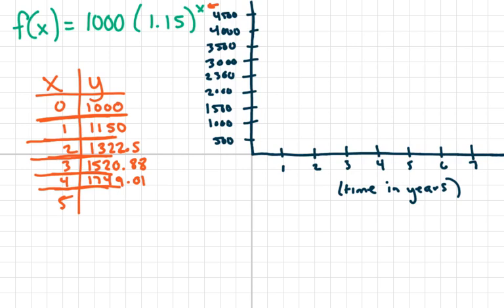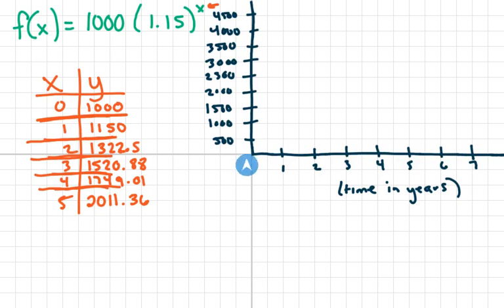And then to the 5th power, 1.15 to the 5th power times 1,000, and I get 2011.36.